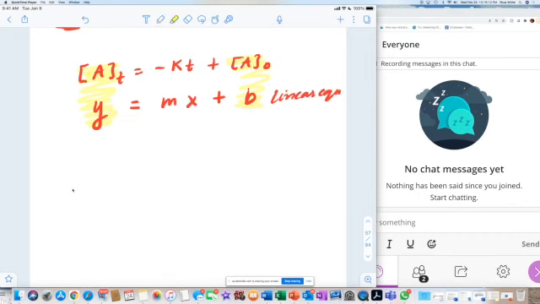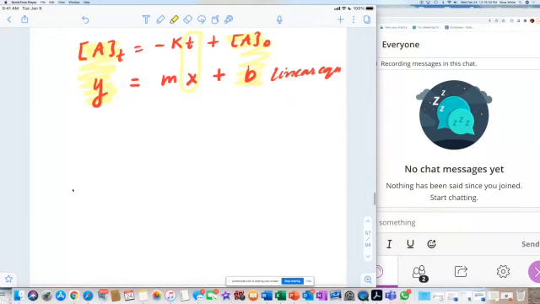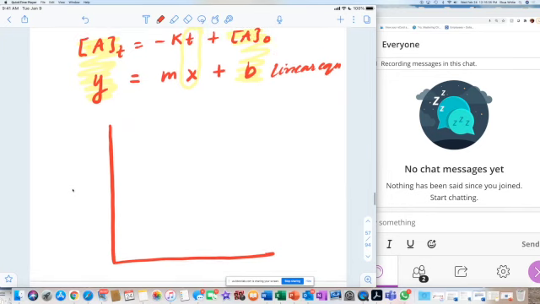So we have our y and our x right here. If our x is t, then our slope is negative k. What I'm going to do here is sketch a graph based on this. We have a linear graph. The title of this graph will be the concentration of A versus time.